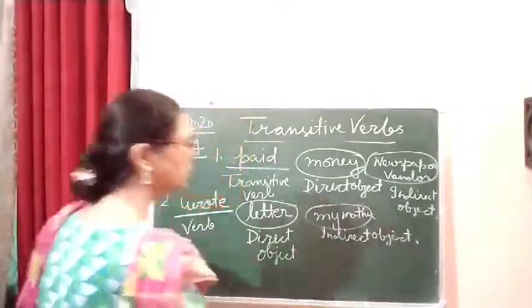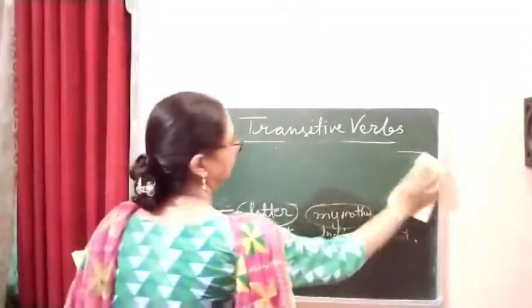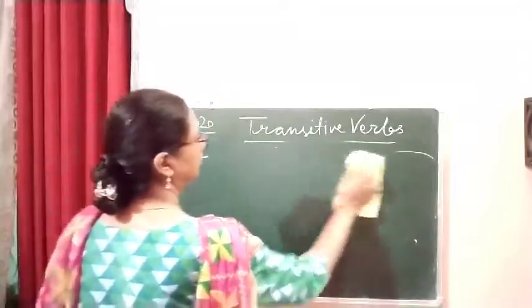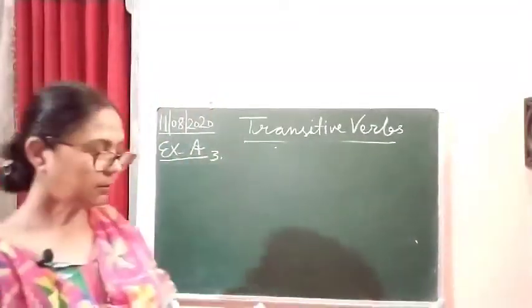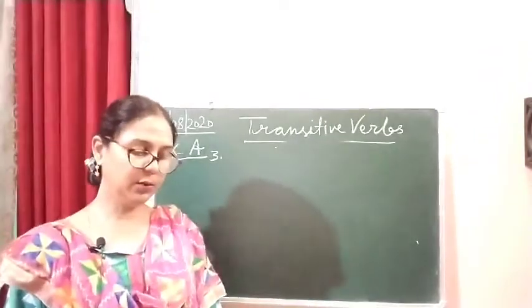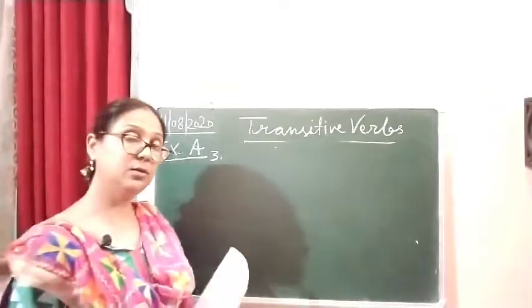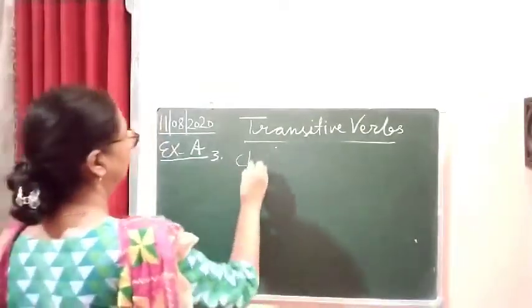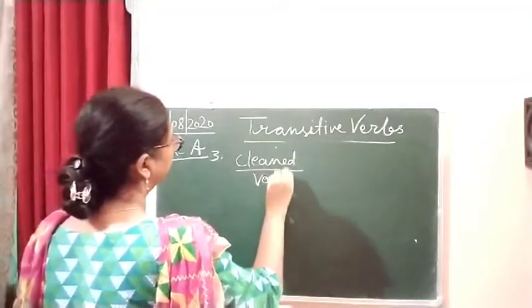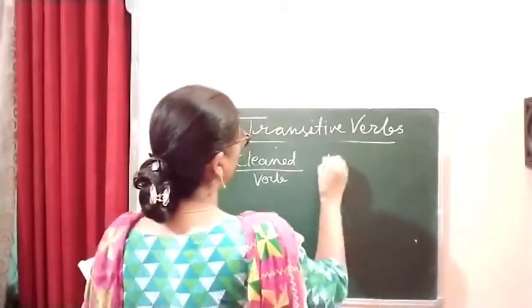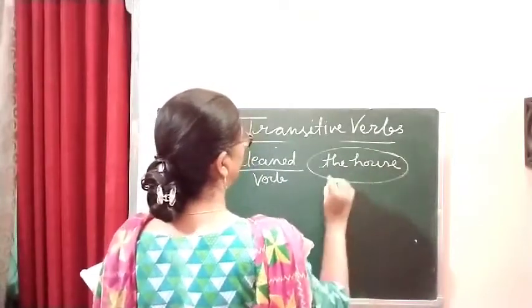Now we are moving to number 3. She cleaned the house. Here you can see, cleaned is a verb, and then the house is the direct object.